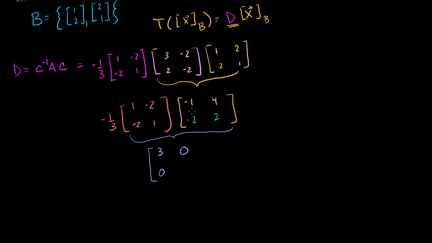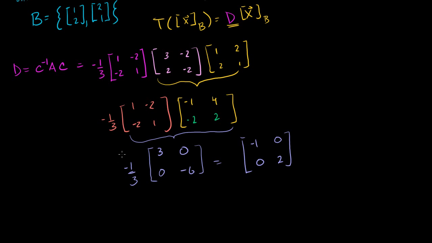So minus 8 plus 2 is minus 6. And all of that times minus 1/3. So this is going to be equal to 3 times minus 1/3, which is minus 1, 0, and then 0. Minus 6 times minus 1/3 is 2.